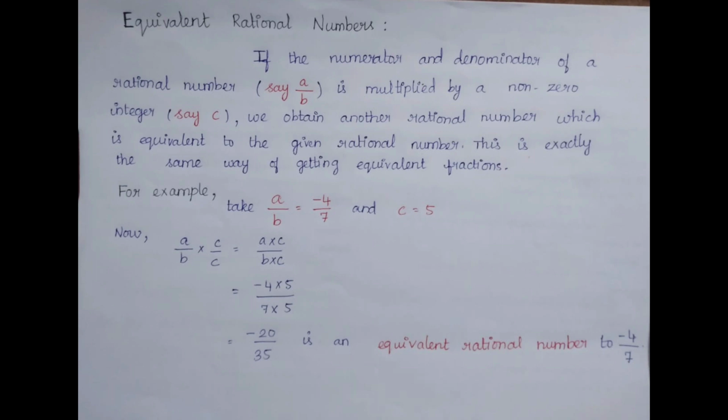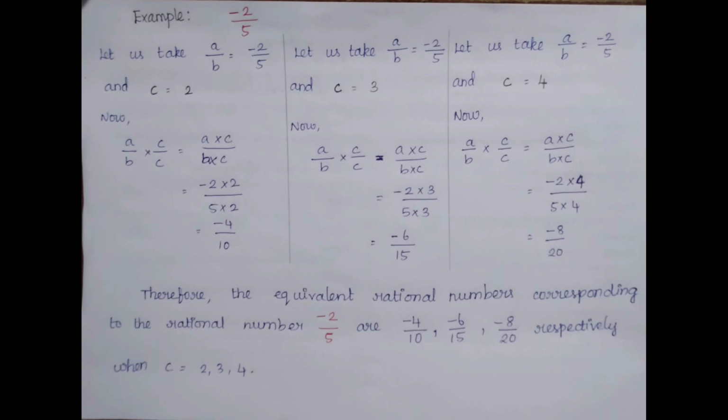That is minus 4 into 5 divided by 7 into 5. We get minus 20 by 35, which is an equivalent rational number to minus 4 by 7. Now let me see another example.